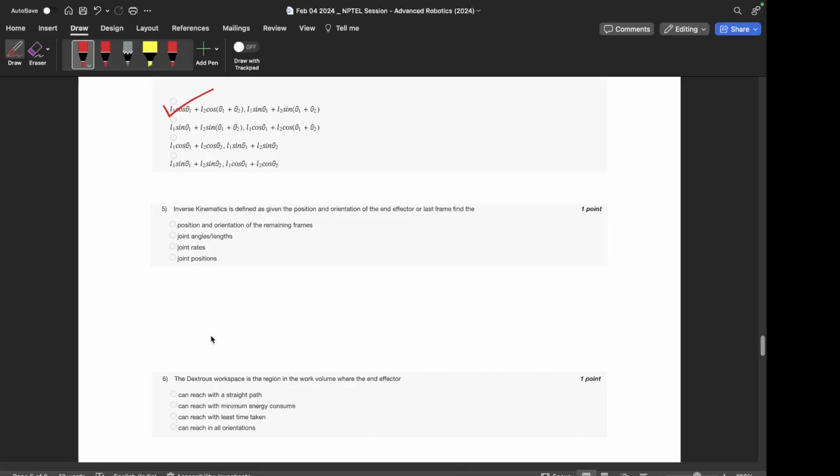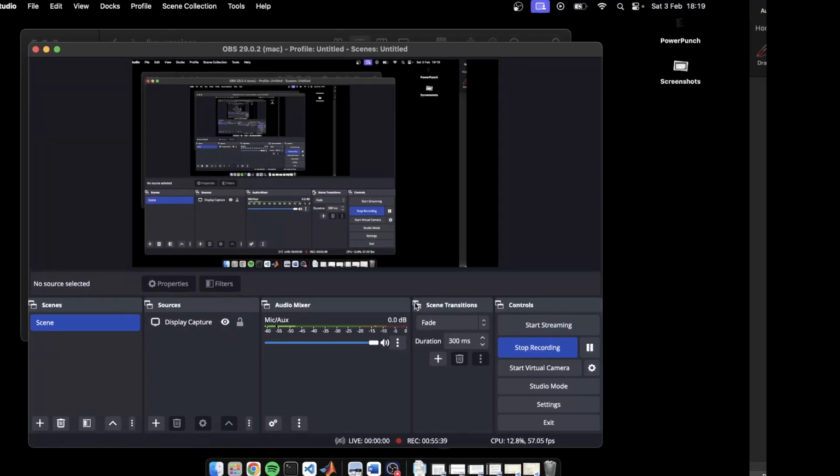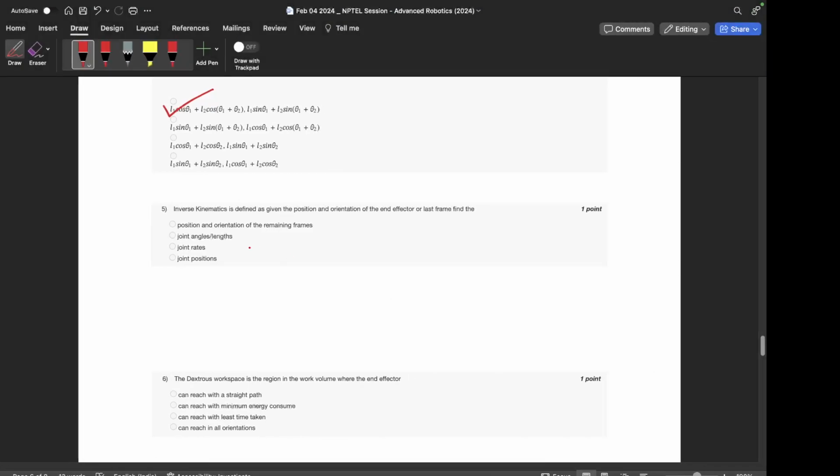Now the next question is, inverse kinematics is defined as given the position and orientation of the end effector, or the last frame, find the position and orientation of the remaining frames. That's how we will get the joint angles also.